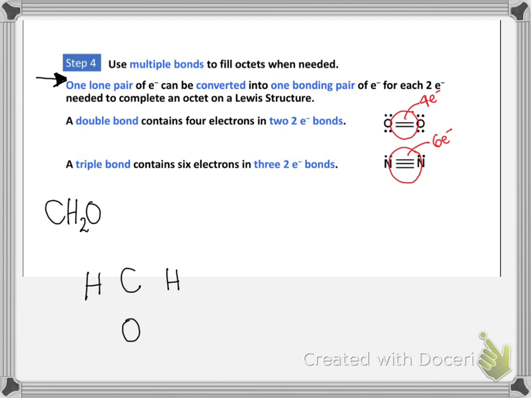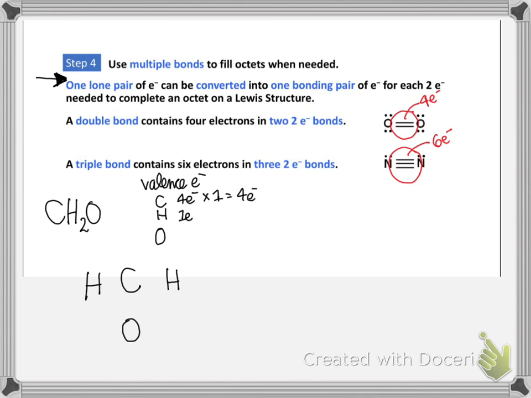And then I'm going to need the valence electrons. That's step 2. So let's see, I have carbon, hydrogens. Carbon is in group 4A, so it has 4 electrons and we only have 1 of them. So carbon brings 4.